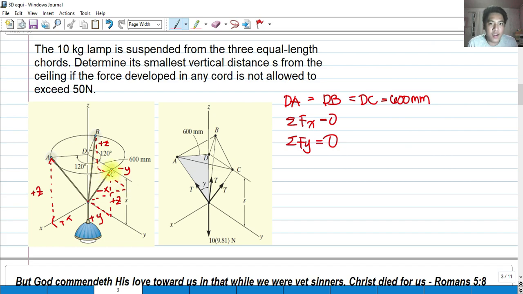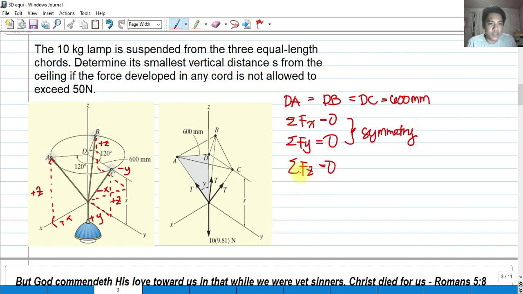Since they are of equal length, they have the same tension, so the y force components of T sub C and T sub B would cancel. So we have Fy equals 0. If we perform summation of Fz, which should always be equal to 0, this happens because of the symmetry, if you analyze it.